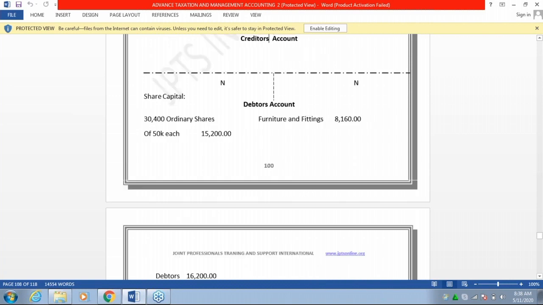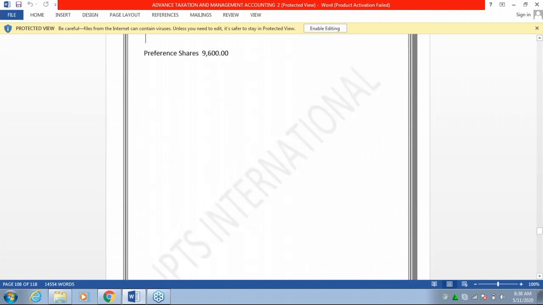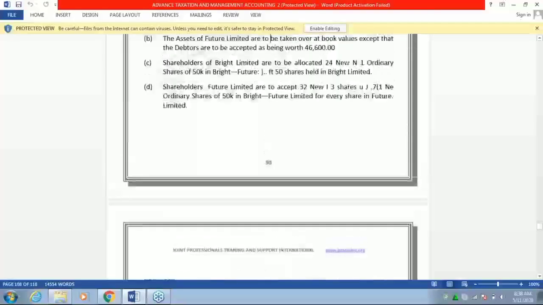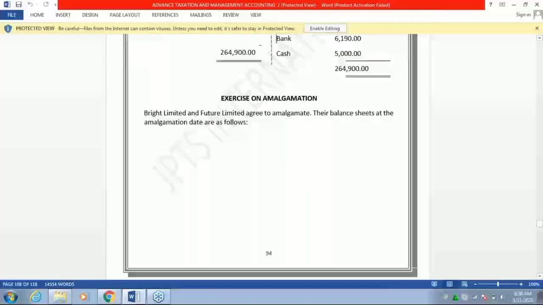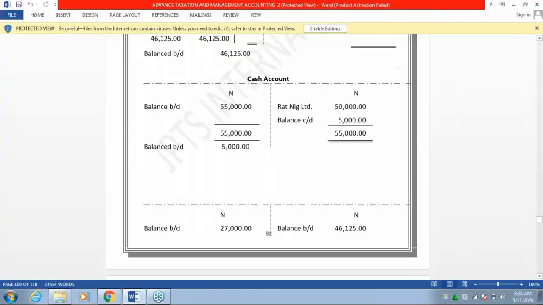Assignment number 2. Differentiate between merger and acquisition as a major method of increasing the financial efficiency of a business entity.